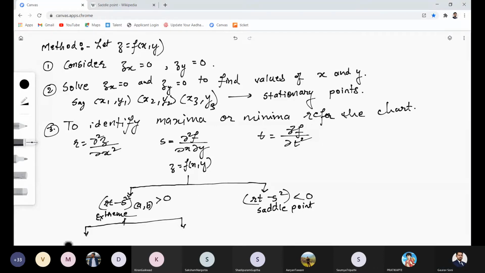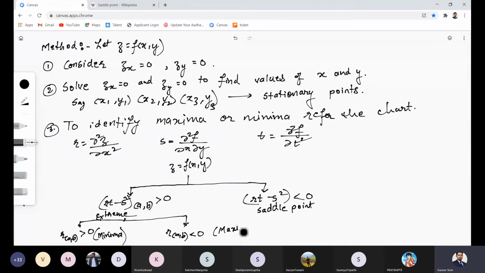If r at a comma b becomes greater than 0, then it is a minimum or minima. If r becomes less than 0, then it is a maximum.